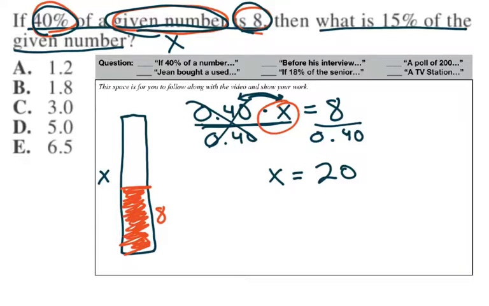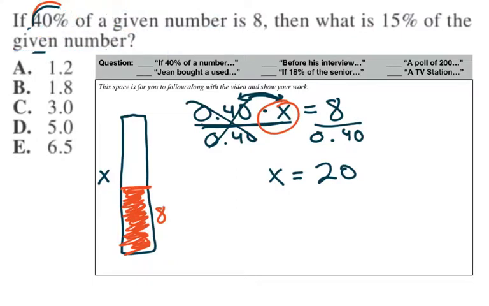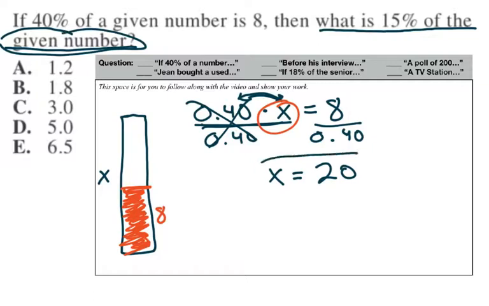That's not the answer to my question though, because if we come back here, I'm going to erase all this stuff so that we can see it a little bit better. It's asking what is 15% of the given number. We've already figured out the given number is 20. So now all we need to do is convert our 15%, multiply by 20, and we've got our answer.